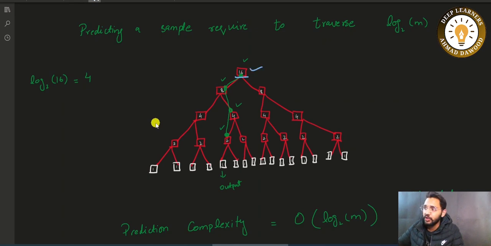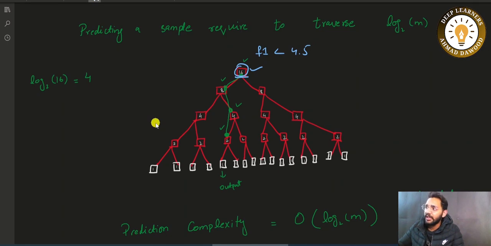There is one decision rule at this position which, during the training of that decision tree, we have extracted as the best split value from some feature. Let's say feature 1 is less than 4.5. This is the decision rule at that particular position.